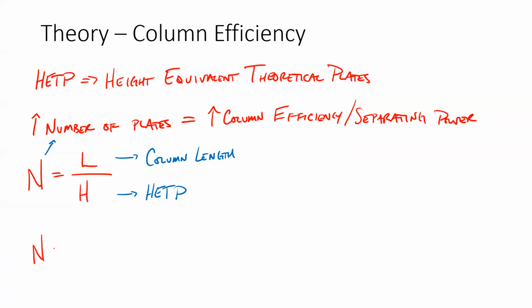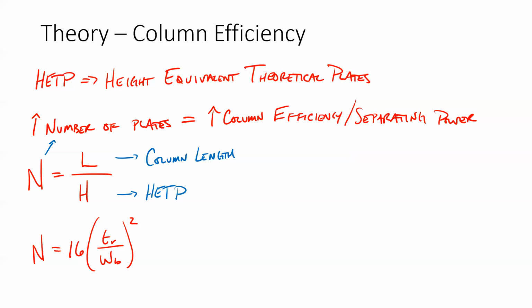is using the actual chromatogram. And so we end up with the number of theoretical plates is equal to 16 times the retention time of a particular peak divided by that peak's baseline width squared. Okay. The textbook goes through a little bit of that derivation, but that's the important bit of it, right?